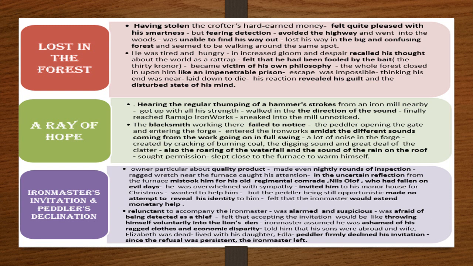So, in order to comfort him, the ironmaster informed him that his sons were abroad and his wife was dead, and he was living only with his daughter Edla. The peddler still declined his invitation. Since the refusal was persistent, the ironmaster finally left.